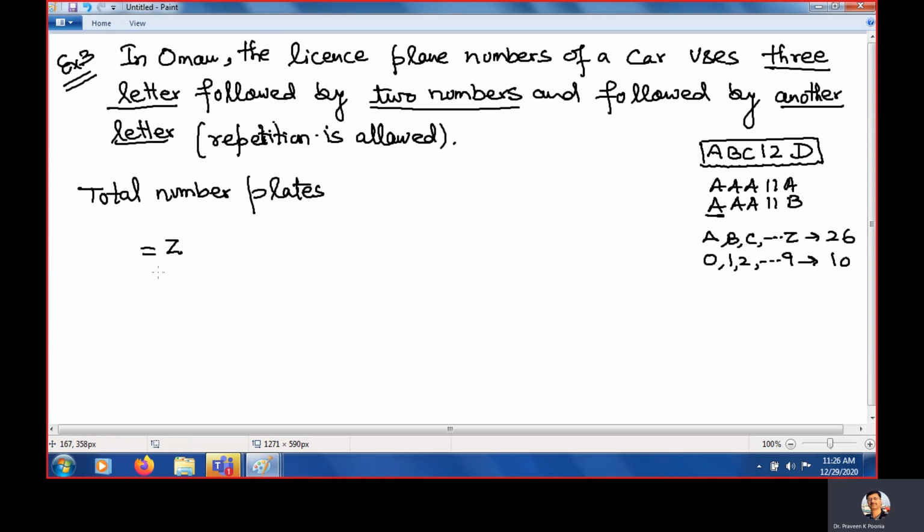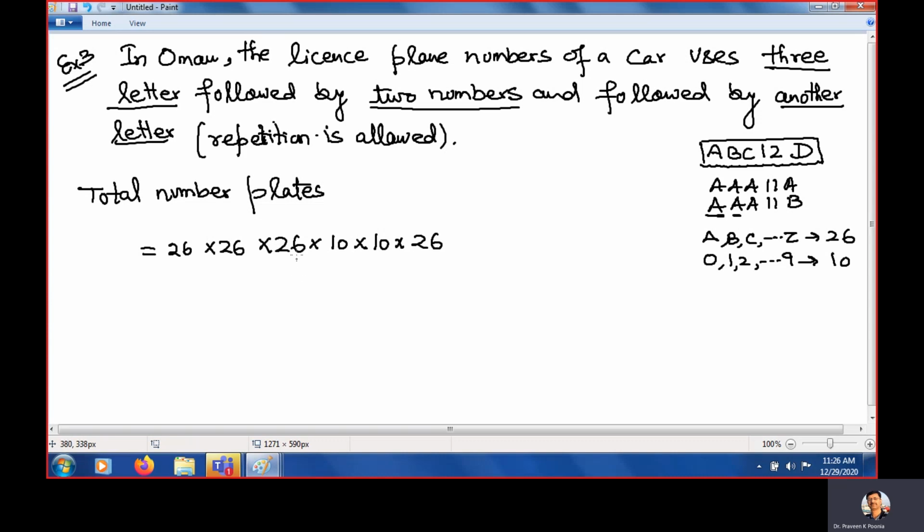Note, let it be how many? First letter, it is 26 possible. How many here possible? Here also 26 possible because repetition is allowed. Here also 26 possible. Clear? Then a number 10, then another number 10, then another letter 26.